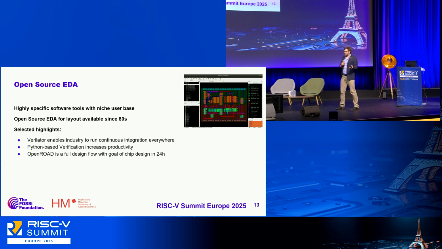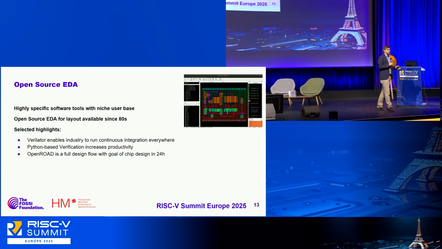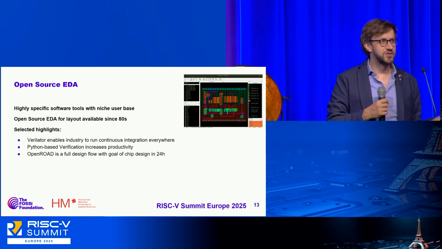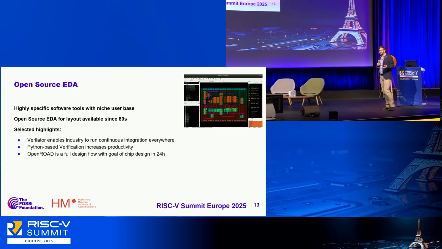But there are many other highlights in general. I think open source EDA is much more broadly adopted than people think, because most people think about chip design as the layout tools, right? But if you look into verification, like Verilator, I think it's hugely adopted in industry. Every team uses Verilator because it makes it very easy to run CI/CD, continuous integration, without the need for a license server and a large number of licenses for simulation tools, just run regression tests.